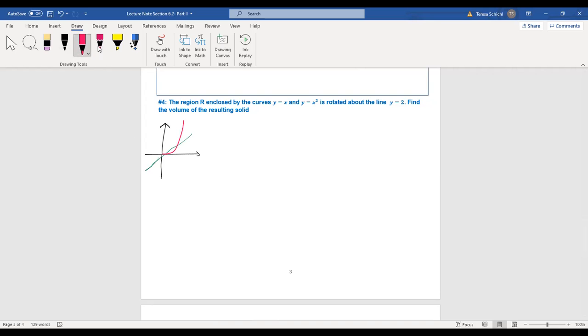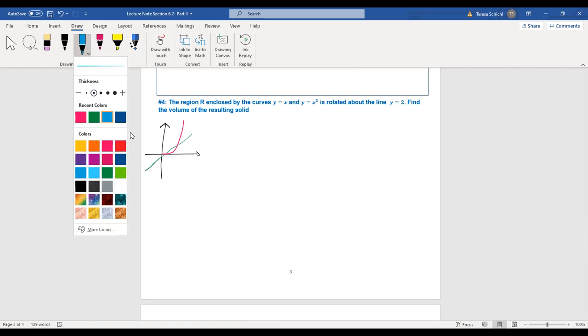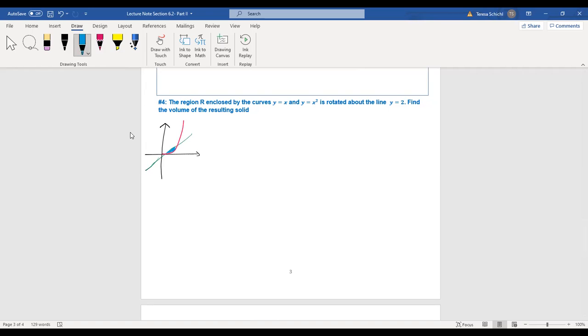We are looking for the area enclosed by these two, which is this area. I'm going to enlarge this area so we can see better, at a little larger scale.